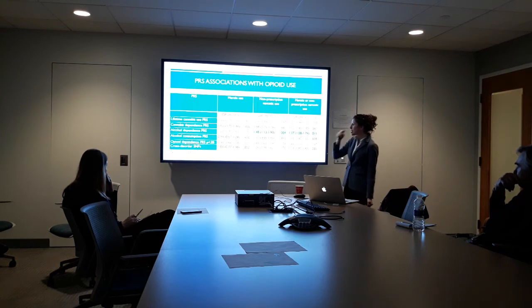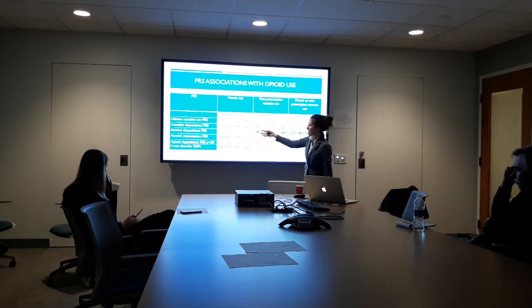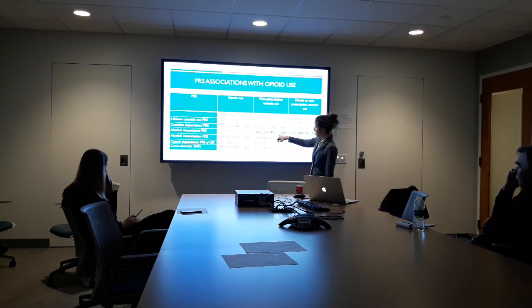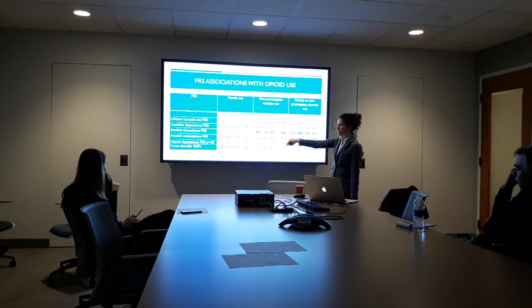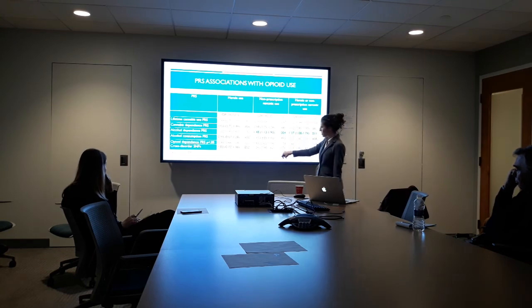What you can see here, the main finding, is that the alcohol dependence polygenic risk score is predictive of non-prescription narcotic use, but not heroin use. You can also see some other trend levels here with the cross-disorder PRS, which also had a trend level significant association for non-prescription narcotic use.